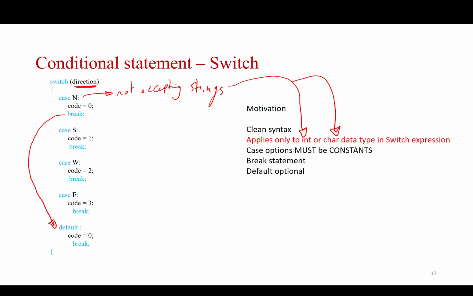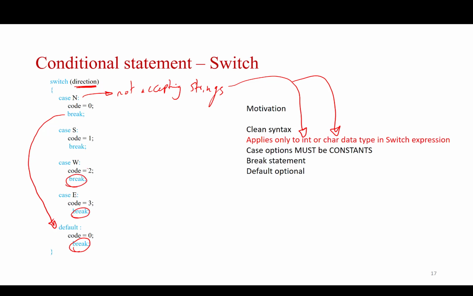If the first one is satisfied, code will equal 0. Or let's say the first one is not satisfied, second not satisfied, third is satisfied, so in this case code will equal 2. And then fourth will not be satisfied. And then finally, you will go to default, code equals to 0, right? In this case, you are going to get the wrong answer. And why? Because you forgot to put the break. So the break here is very important. Make sure that you're including it every time, okay?